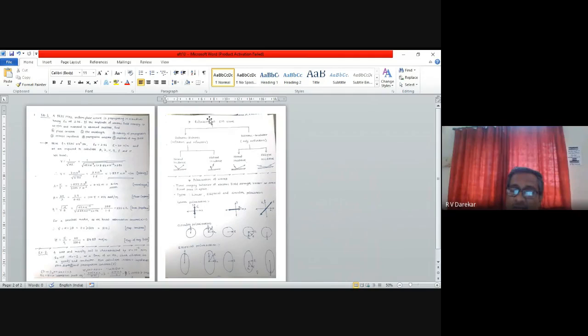The general concept of electromagnetic wave behavior that we have to understand is that reflection of an electromagnetic wave depends on the medium. It can be classified into two sections: normal incidence and oblique incidence.